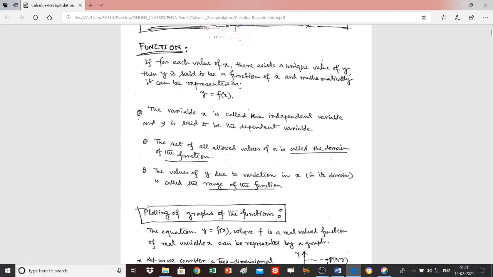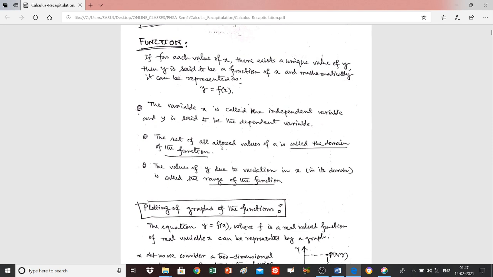So this is the very basics of function that you need to know to study. If you wish to study the function, then you need to know the dependent variable and independent variable, and the domain of the independent variable and range of the dependent variable.